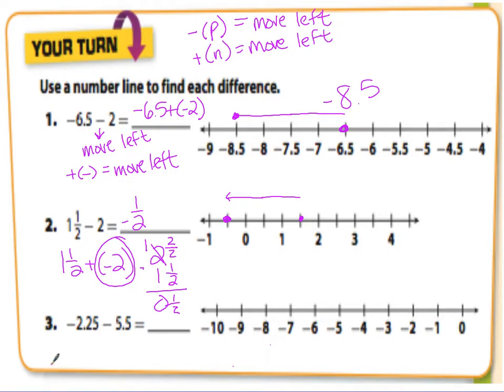So here I have negative 2 and 25/100ths, and I can change minus that positive to plus a negative. Now I have a negative plus a negative, which tells me I can just add and keep the sign. So I should get negative 7 and 75/100ths.